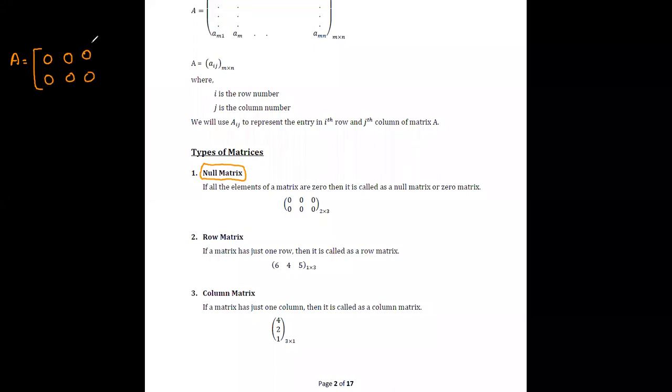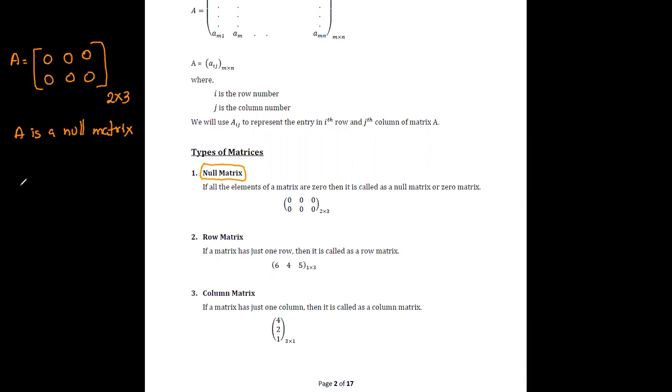Here I have taken a 2 by 3 matrix. Here we can see that 2 rows and 3 columns are used, and all the 6 elements are equal to zeros. Therefore, we can say that A is a null matrix.